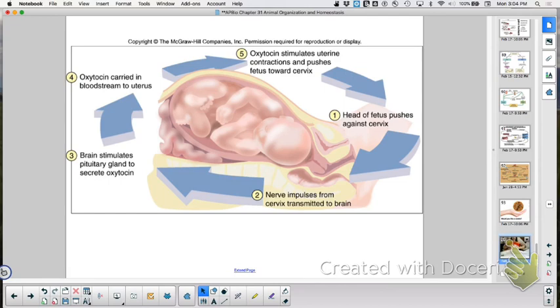So, and you did this in your pulgal, the head against the cervix. You receive that information. You have receptors at the cervix. When this goes to your brain, you have more oxytocin secreted from your pituitary gland, which makes your uterus contract even more, which pushes again on the cervix, and so it just keeps going and going and going till you reach the climactic event of birth. Yeah.